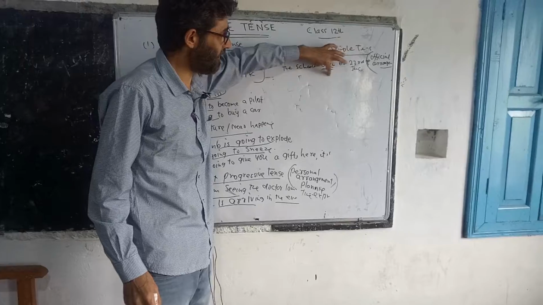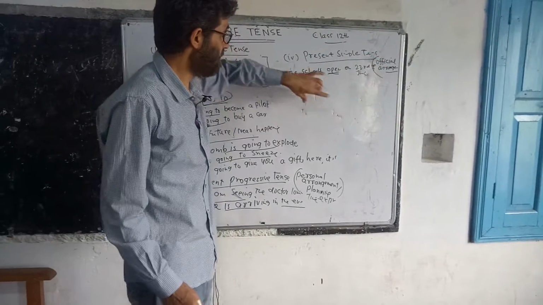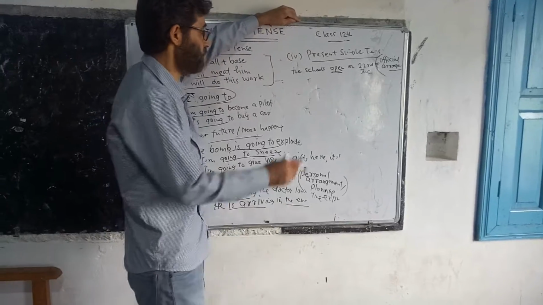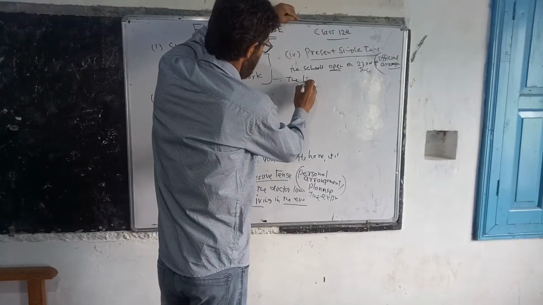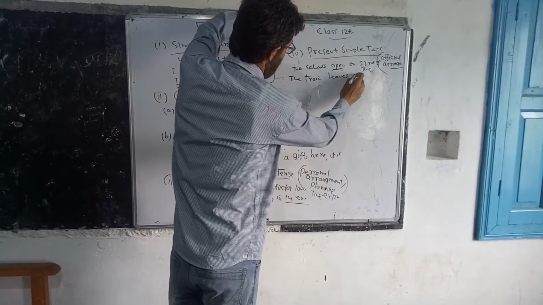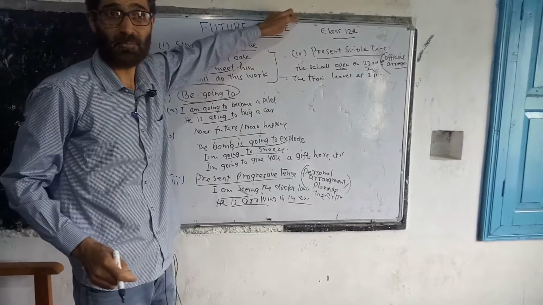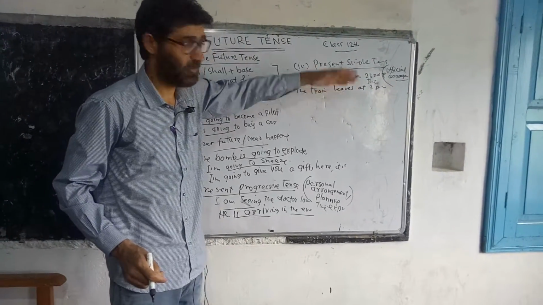But we use present simple tense, because this is an official arrangement, we cannot change it. The schools open on 23rd of June. The train leaves at 3 p.m. This means that the train will leave at 3 p.m. So we use present simple tense to express future.